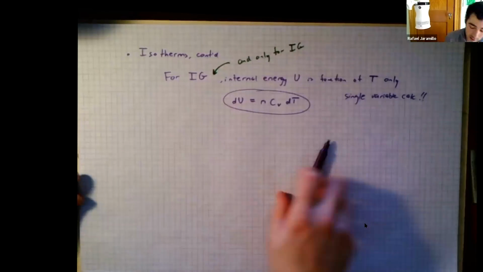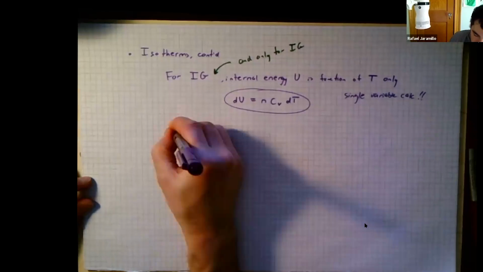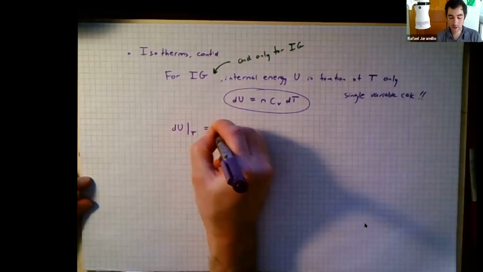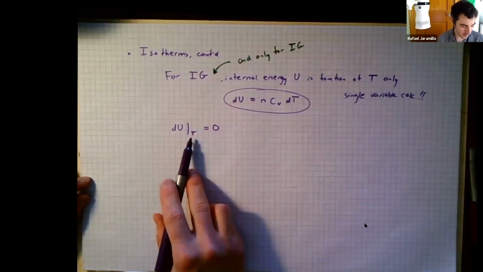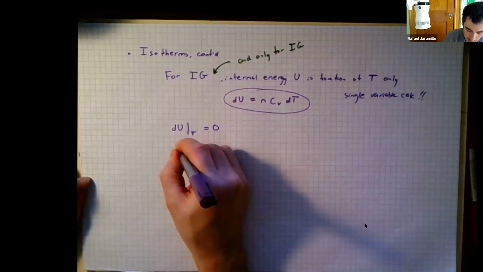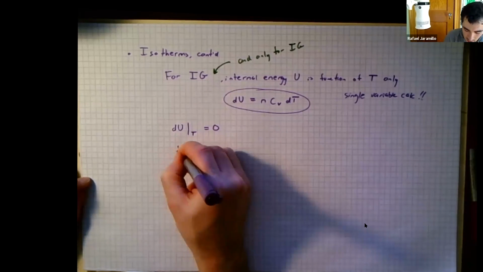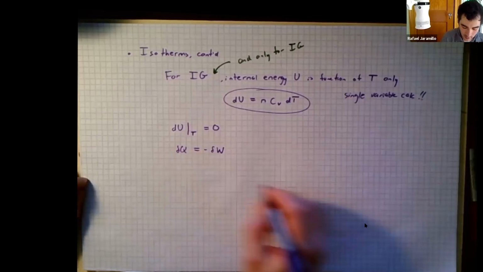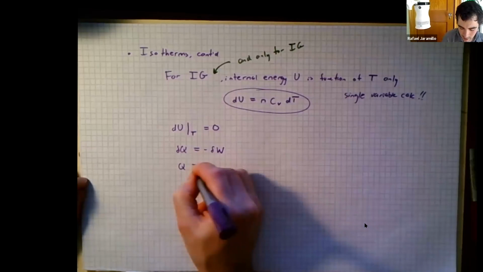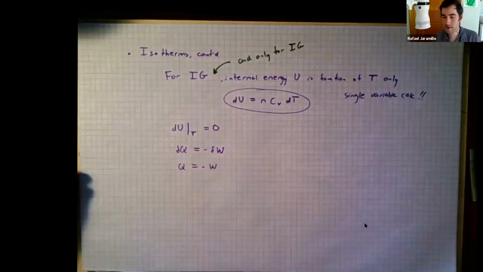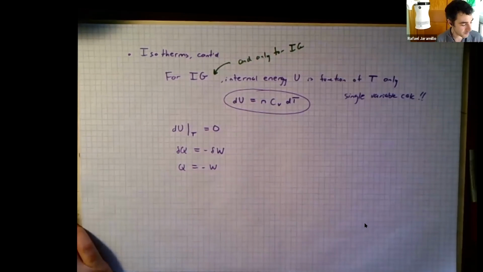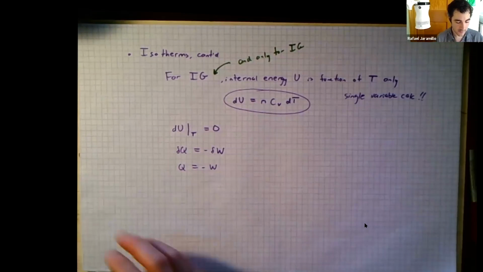So what this means is dU at fixed T equals 0. dU for an isothermal process equals 0. And what that means is dq equals minus d work, or q equals minus work. And this again gets to the point that was on Piazza this morning, and it's a useful expression when calculating properties of heat engines. Okay, now we'll talk about the adiabats.